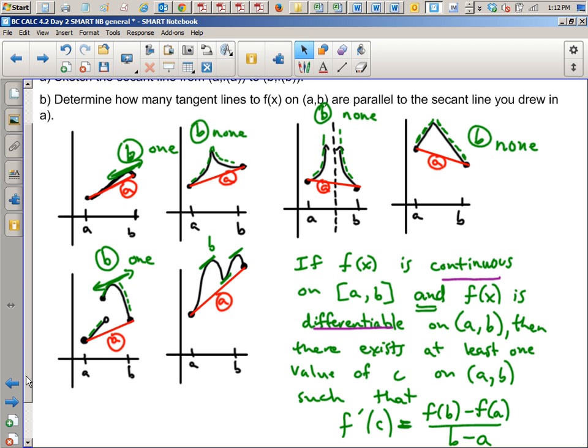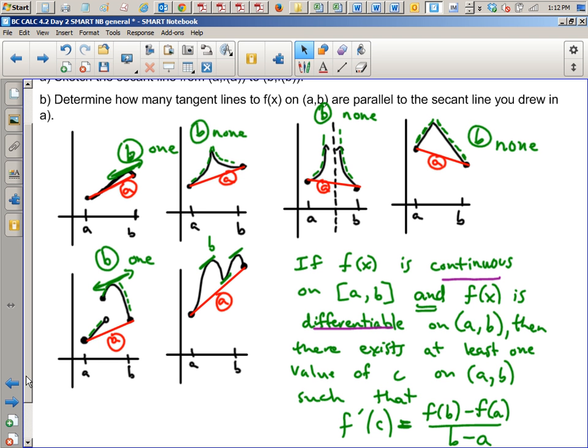Yeah, there are two hypotheses for this theorem. First of all, the function has to be continuous and differentiable, and then we're guaranteed at least one. It doesn't say anything about functions that are not continuous and differentiable. So although this function is broken, we found one. This theorem is only good for unbroken, non-sharp turn, no vertical tangent type beautiful functions like this one, or this one. And basically it guarantees us one of those lines.